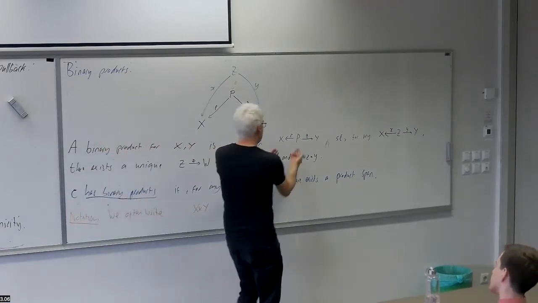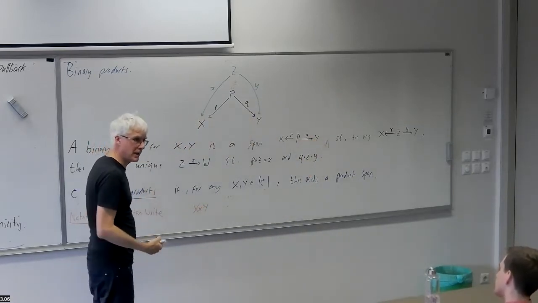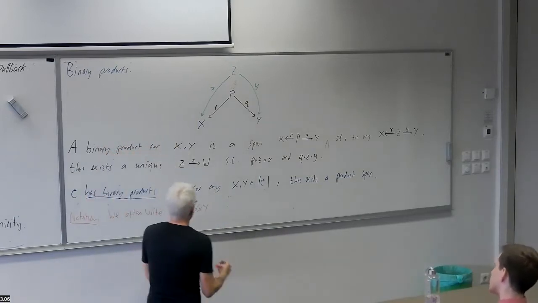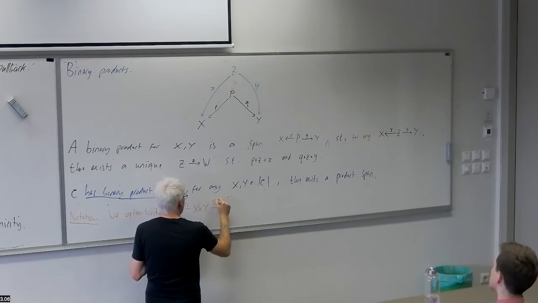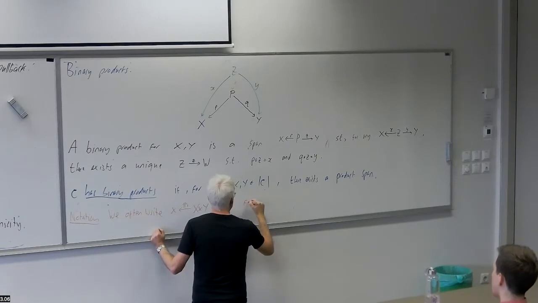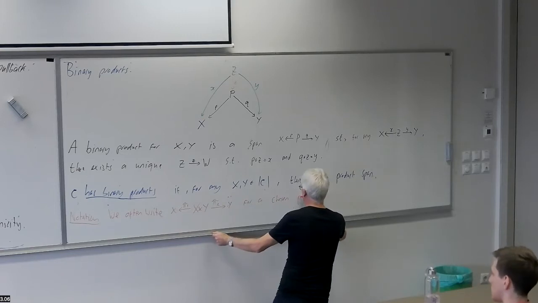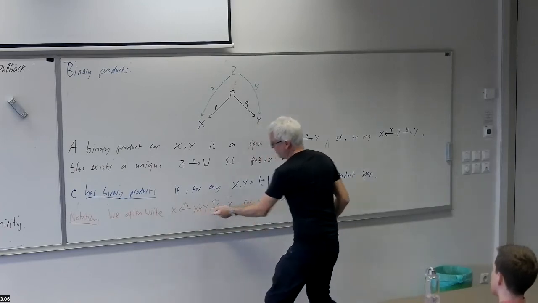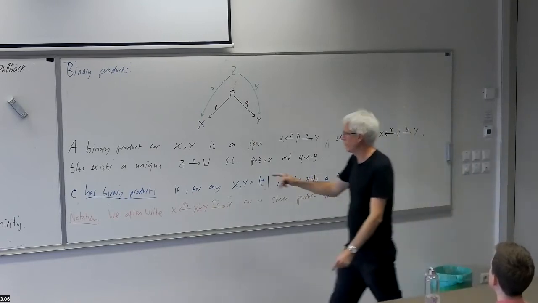A product is just any span that satisfies this property, but we often have a specifically constructed span in mind in the categories we're working with, and we tend to write X times Y for that chosen object and the chosen span, and we write little pi 1 and little pi 2 for these projection maps, which are part of the span. So we often use just the usual Cartesian product notation.